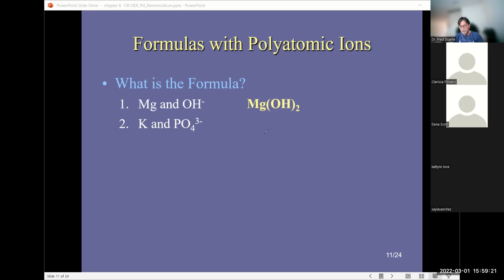All right, a little bit more challenging, but it's not too bad, okay? Potassium, we did potassium earlier. We know that's a +1, okay? This is PO4 -3. Go look that up in the polyatomic ions, and you will see it is called phosphate, not phosphide. Here's a little trick to remember: the IDE ending tells you you're dealing with one monatomic element.